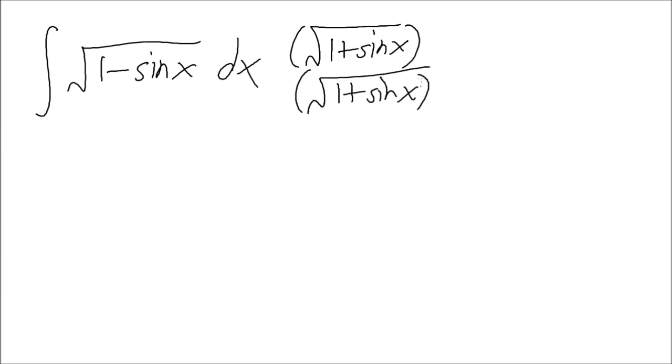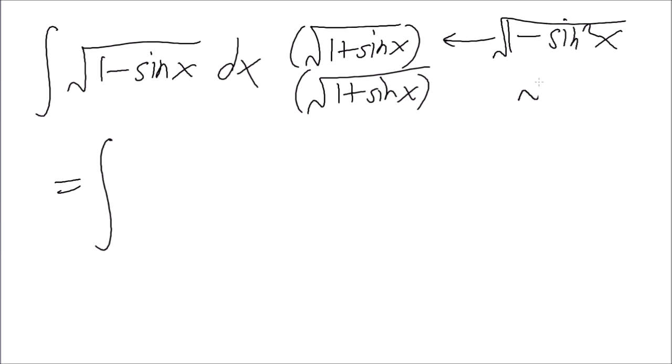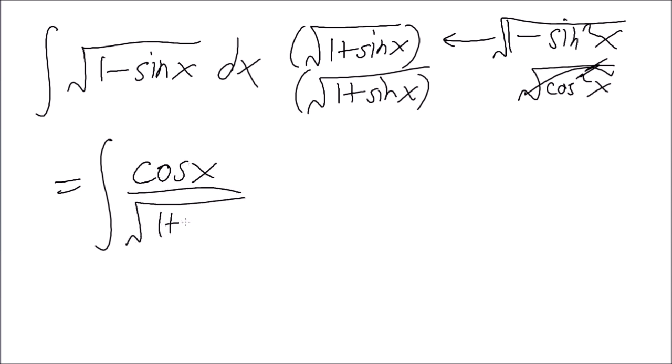And what this does is the top will be 1 minus sine squared of x. And we know that this is a trig identity, cosine squared. So cosine squared is going to be inside the square root, and that's going to cancel it out. So we'll end up having cosine of x over square root of 1 plus sine of x dx.